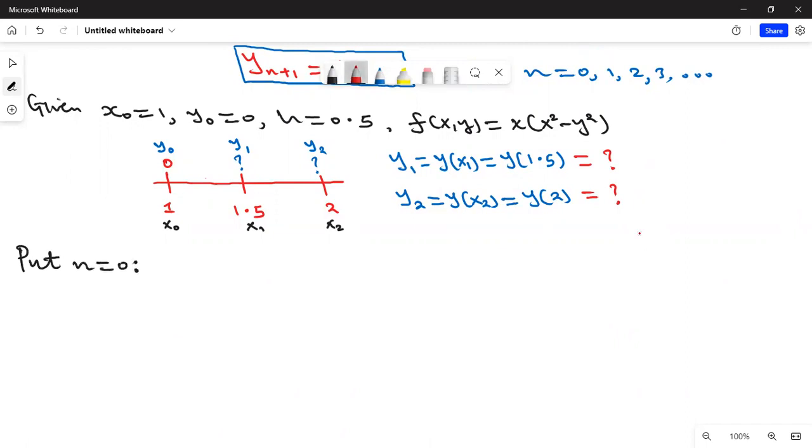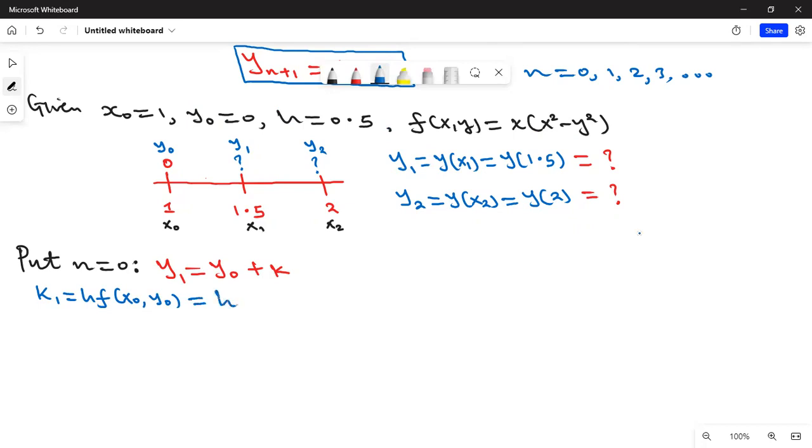That will give us y1 is equal to y naught plus k. So we can find k1. K1 is equal to h, f of x naught, y naught.